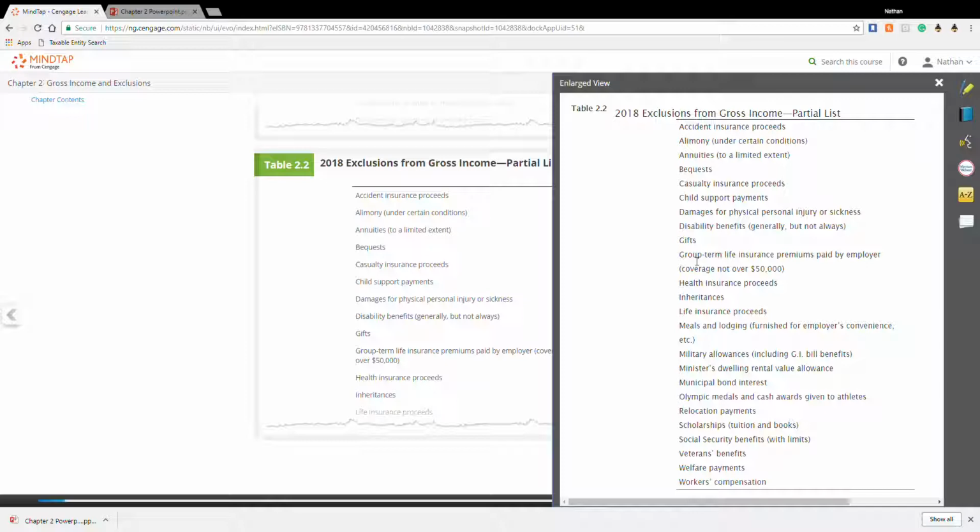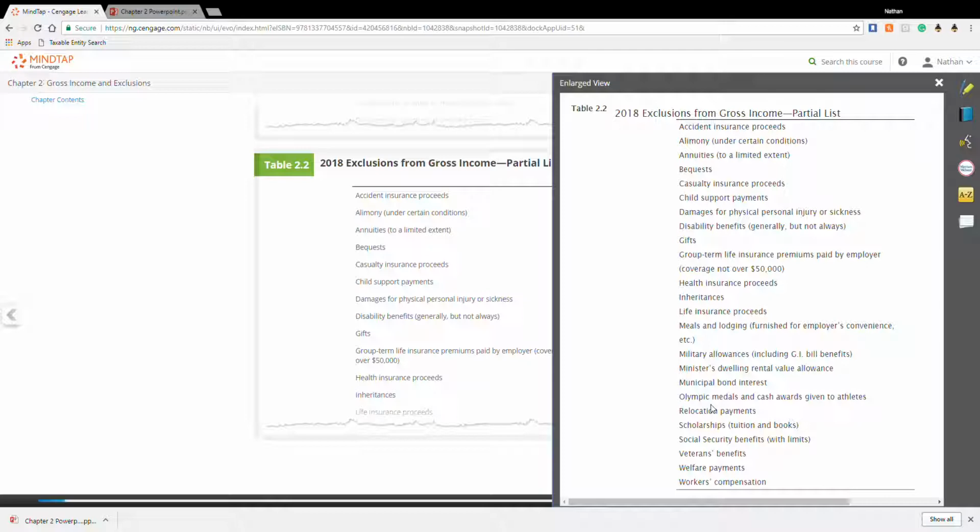Bequests, casualty insurance proceeds, child support, damages from physical personal injuries, gifts to a certain point, group term life insurance premiums paid by the employer, health insurance proceeds, inheritances, meals and lodging furnished for the employee's convenience, Olympic medals.